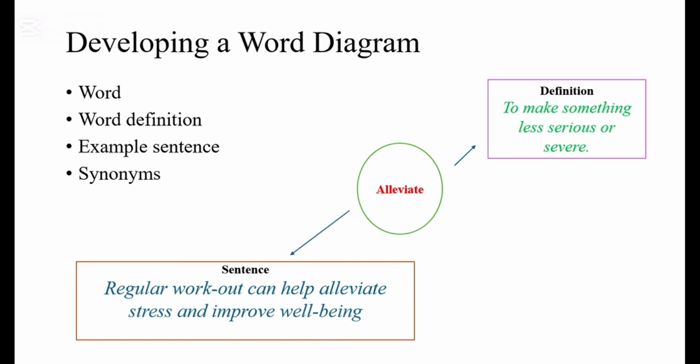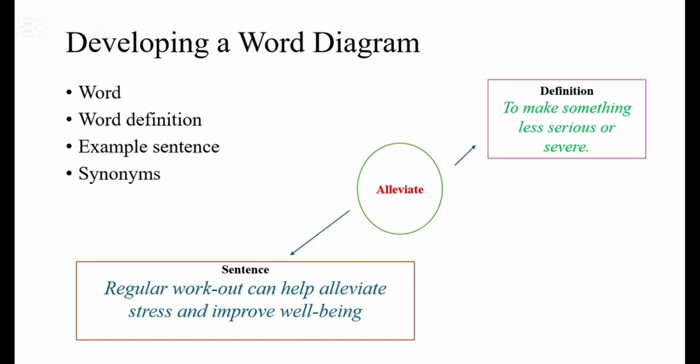I have made a sentence like: regular workout can help alleviate stress and improve well-being. So this is how you can use a word in a sentence. Whenever you are developing vocabulary, this is one of the best ways that I found, very useful for myself.